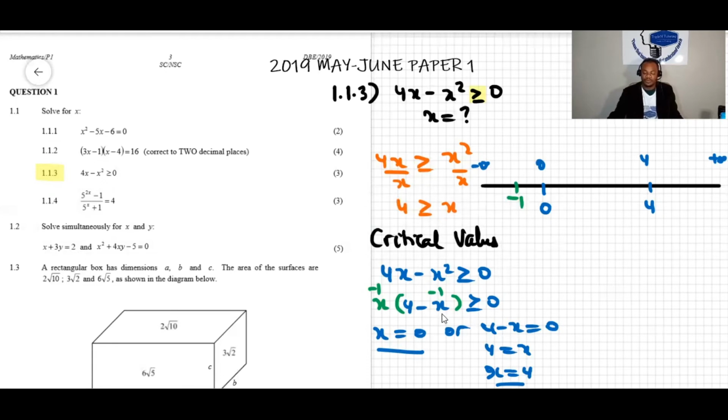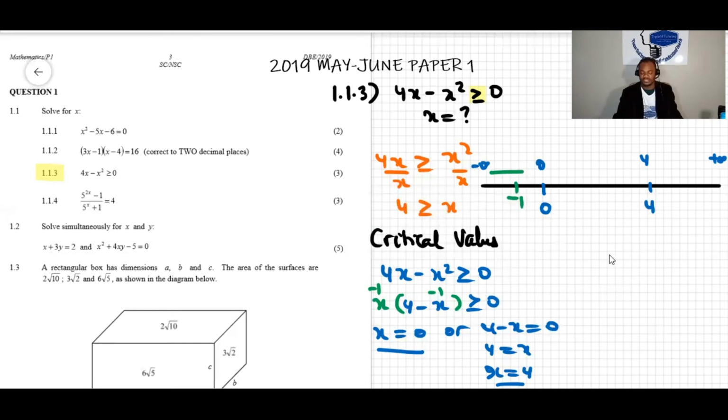The answer will always be negative. Negative times positive makes negative. This is going to be true for all the values anyone can select within this interval. Regardless of the value you select, the answer will always be negative. So the function will be negative in this interval.